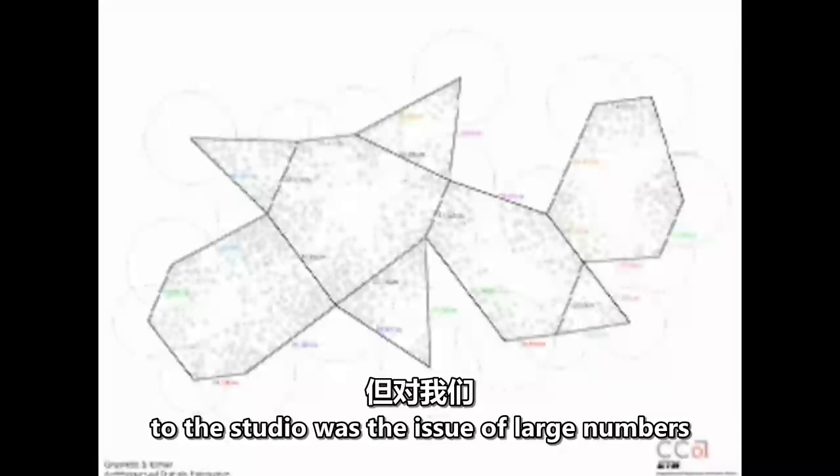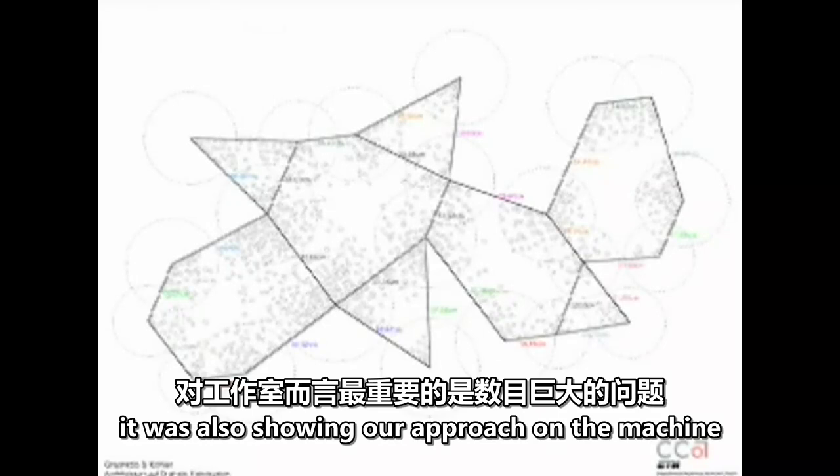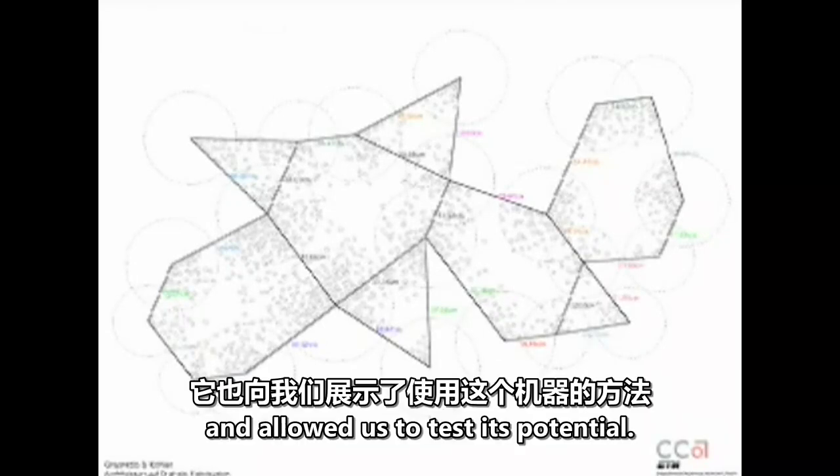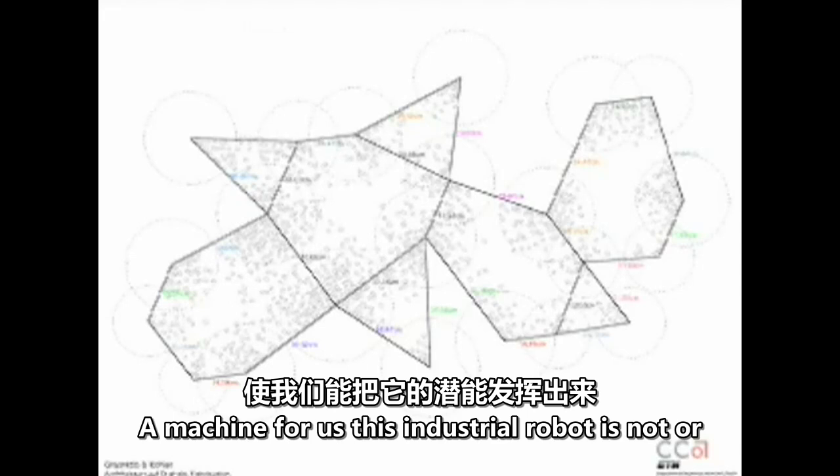But what was interesting to us and to the studio was the issue of large numbers. It was always also showing our approach on the machine and allowed us to test its potential.